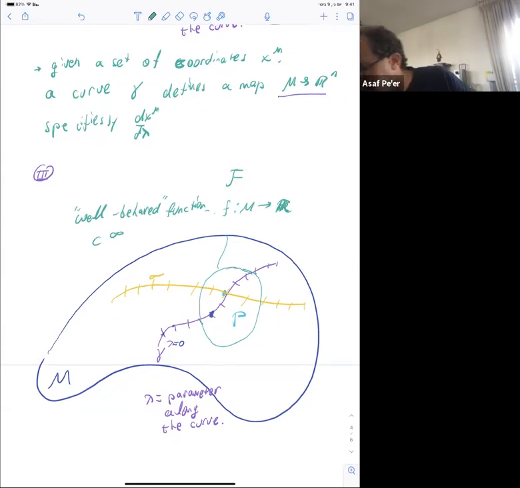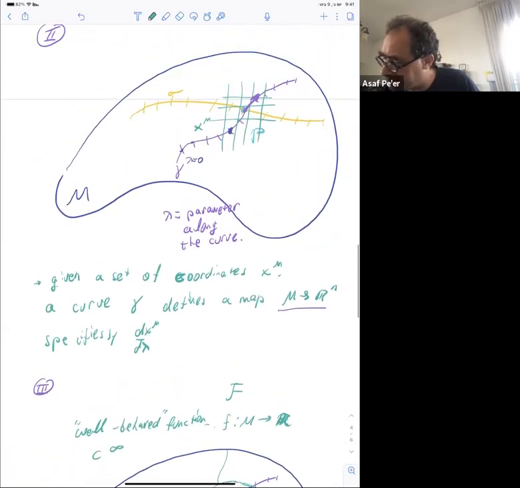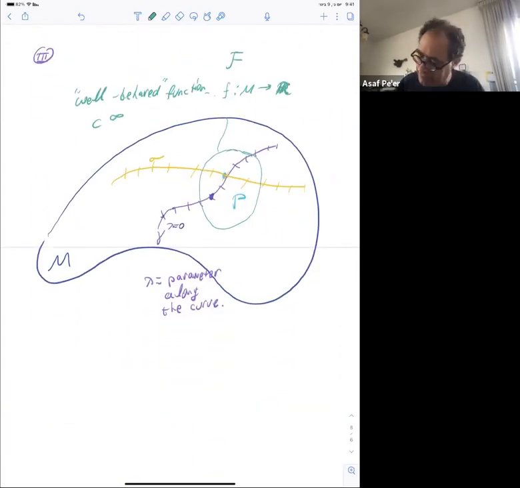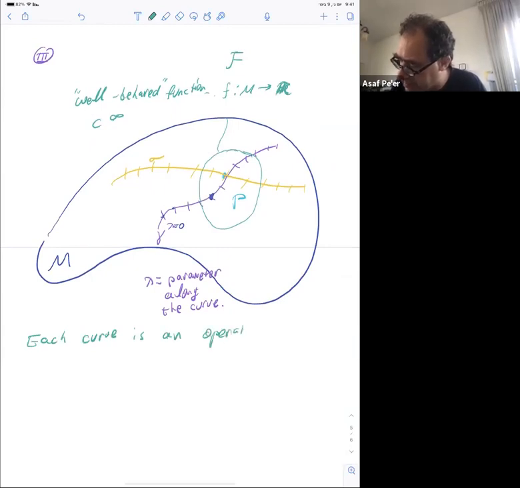In the same sense that the curve here specified a mapping from the coordinate, now I'm thinking of each curve as an operator on this space.